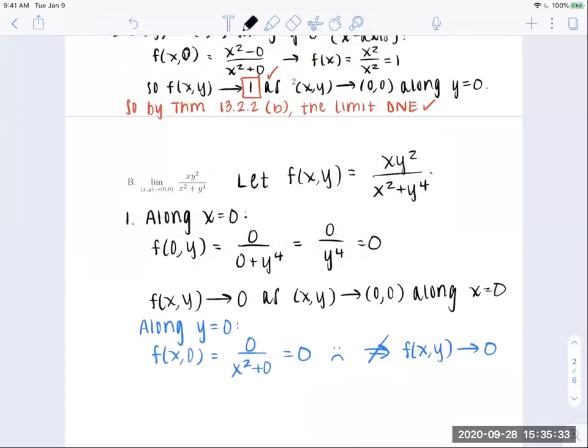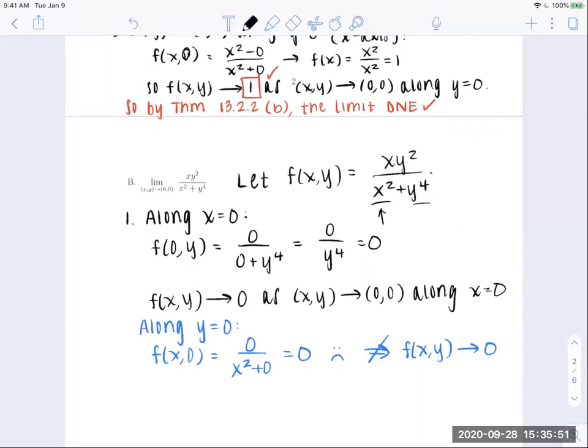As I'm looking at this function, I'm noticing that I have a y to the fourth on the bottom and an x squared. I'd like to be able to combine those terms, but right now they have different powers. If I was able to square that x squared term, that would make things a lot easier.